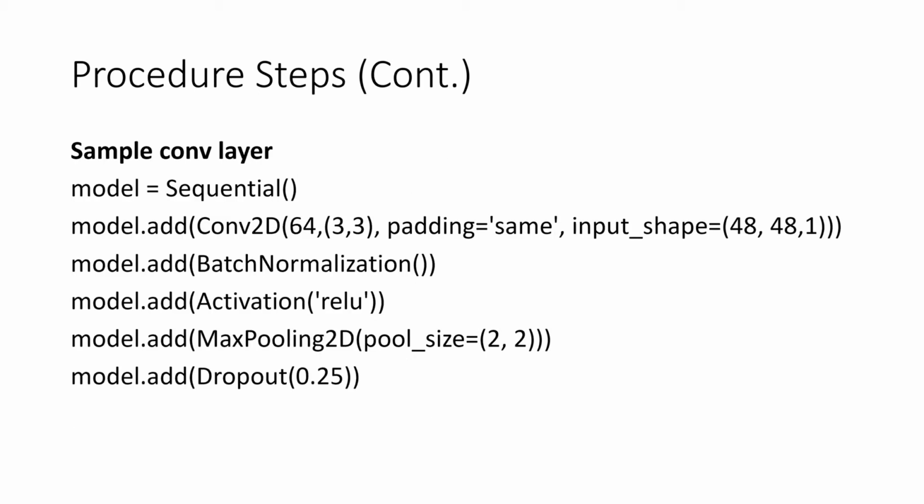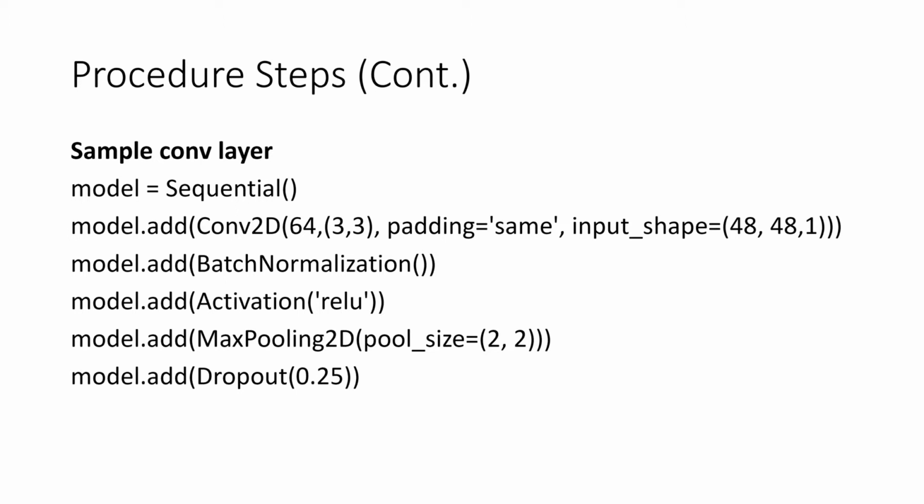And this is the first sample conv layer. We have 5 conv layers and 2 fully connected layers. As this is a sequential model, we start with Conv2D 64 and 3 by 3, and the padding is same, and we have the ReLU activation function. We have max pooling 2D with pool size 2 by 2, which is a stride size of 2 by 2, and the dropout is 0.25.